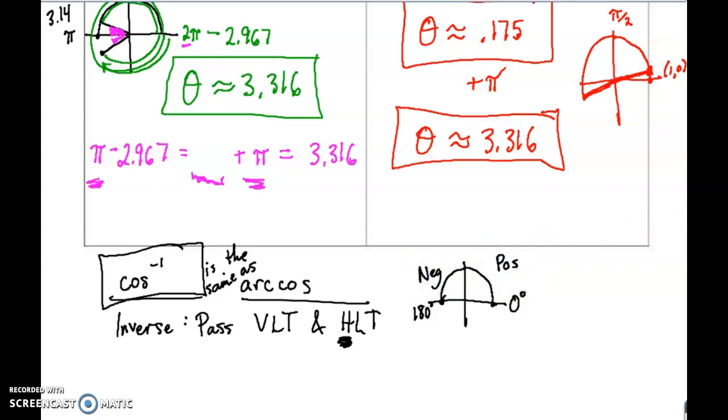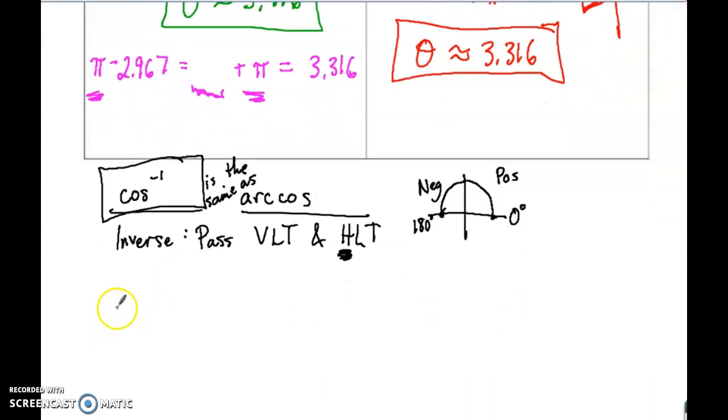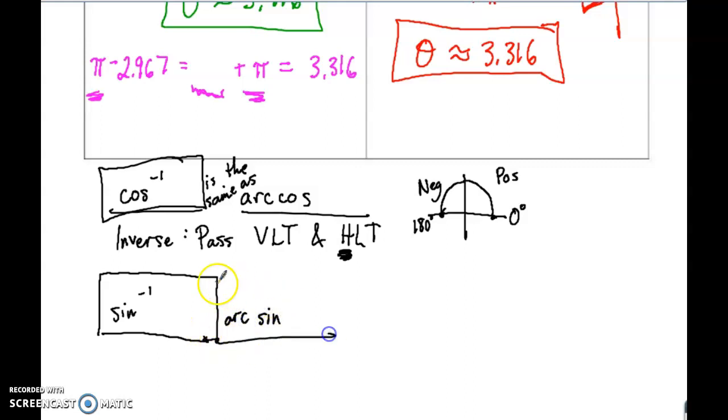You can't do that for sine. If you remember earlier in the year, I mentioned when we did the law of sines, and by the way, that's the same as arc sine. You might see another math book write that instead of inverse sine, but they're the same thing.